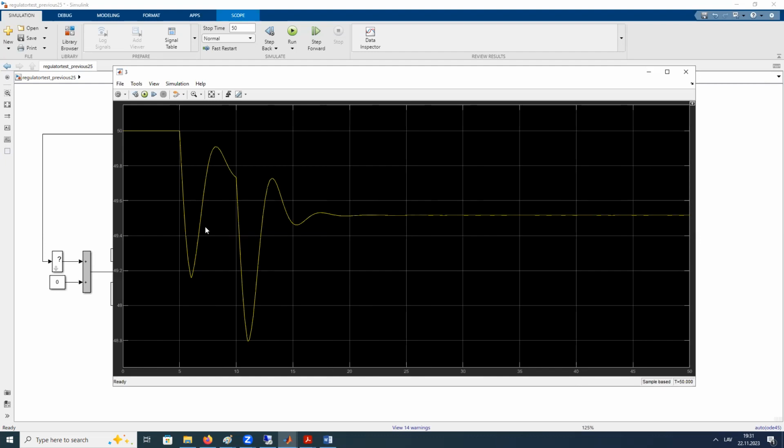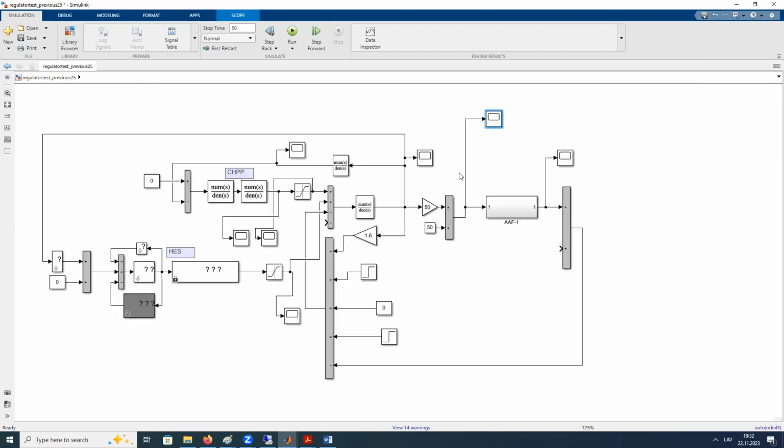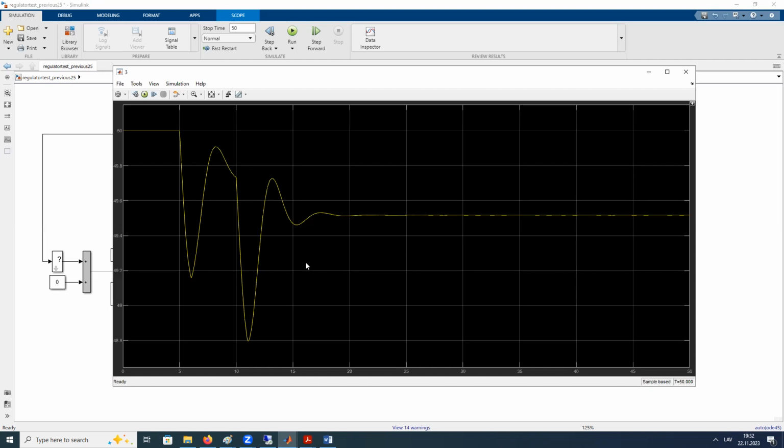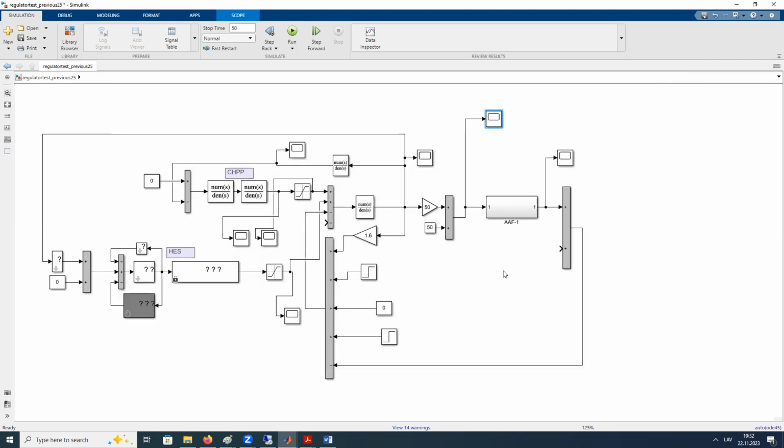So your task is to play with this scheme and to find the best set points, because for example you could make set points to restore the frequency using the under frequency 1 automation. Because here we don't have the second under frequency automation, whose task is to restore the frequency.